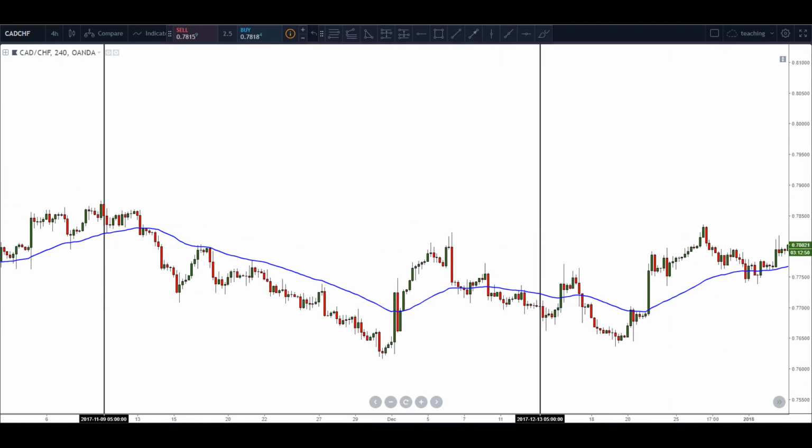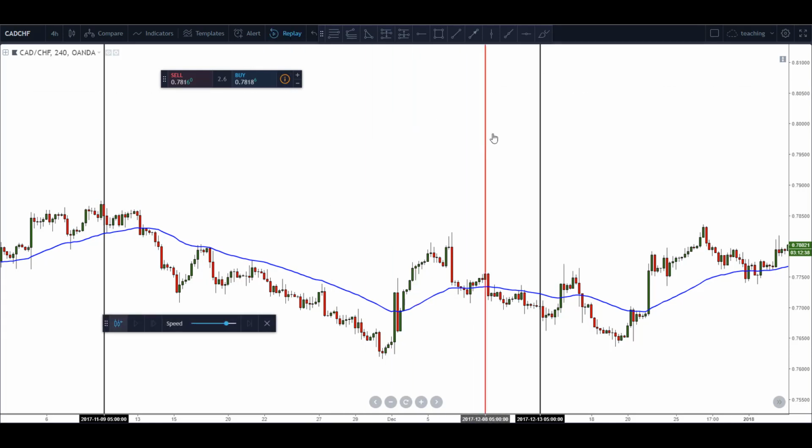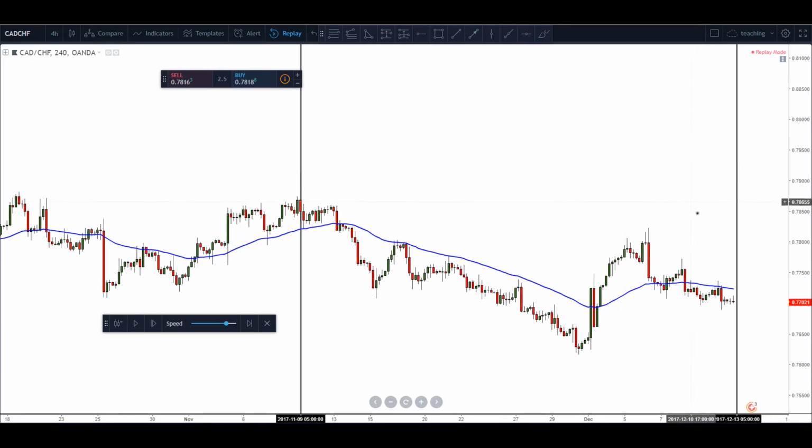And an even better way to do this with TradingView, we have something called replay. It's right up here at the top of your screen. It says replay. All we have to do is click that, and our red vertical line will allow us to start that market replay wherever we would like. So now we have market replay from 12/13.